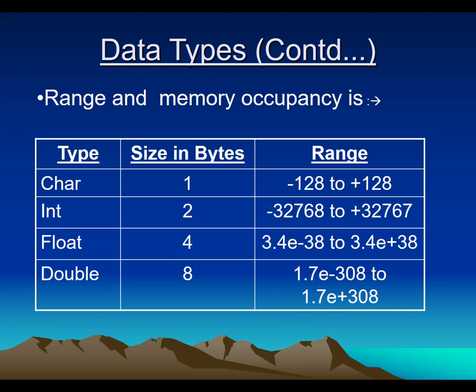Now what does it mean? This is not that important from an examination point of view, but it is required for each and every student to know. Whenever you type int and then a variable called a, say for example, suppose I have written integer a, then inside the system it occupies 2 bytes and the range varies between minus 32,768 to plus 32,767.